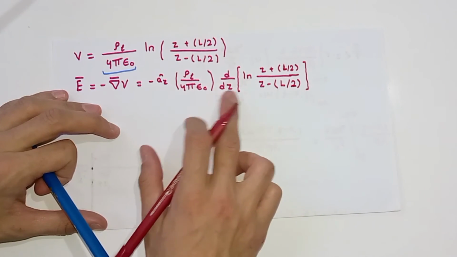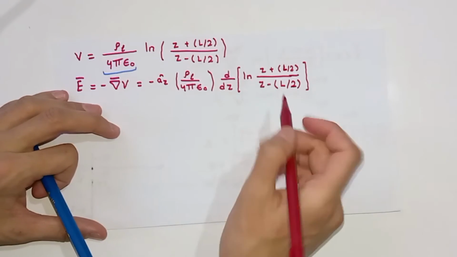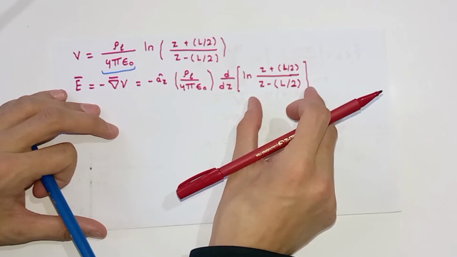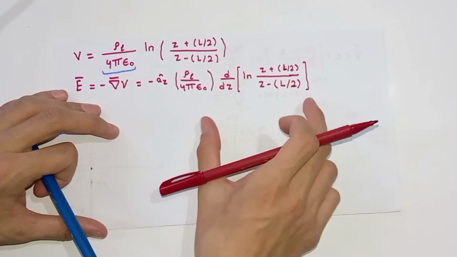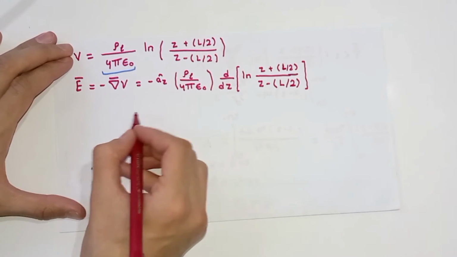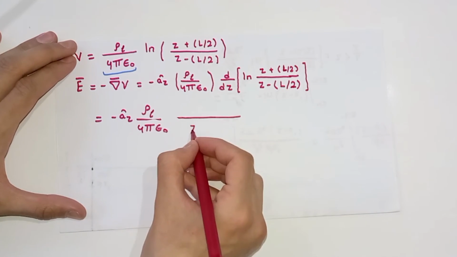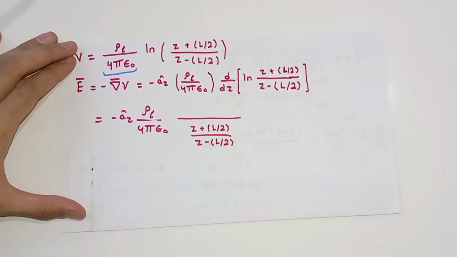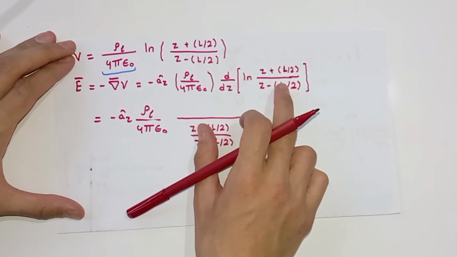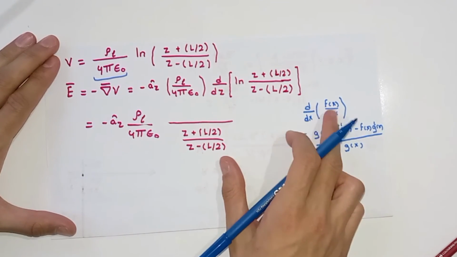Now the derivative of the natural logarithm is equal to the derivative of what is inside the natural logarithm divided by what is inside the natural logarithm in the first place. In the numerator we take the derivative of what is inside this ln, which is the derivative of a fraction.